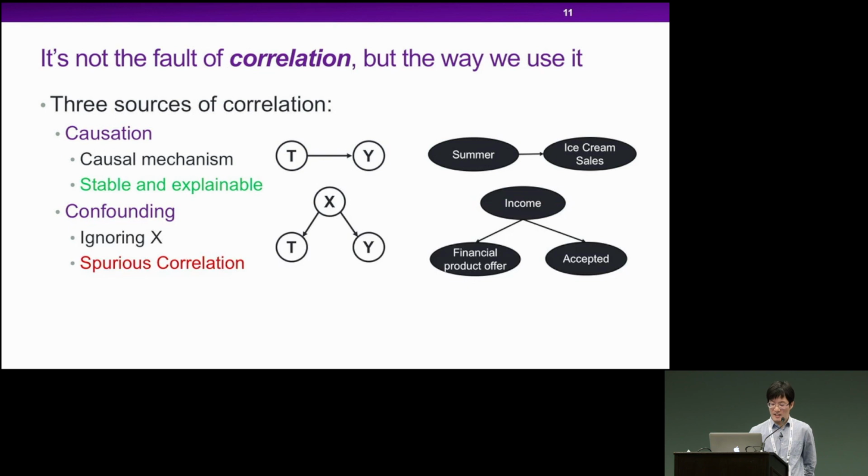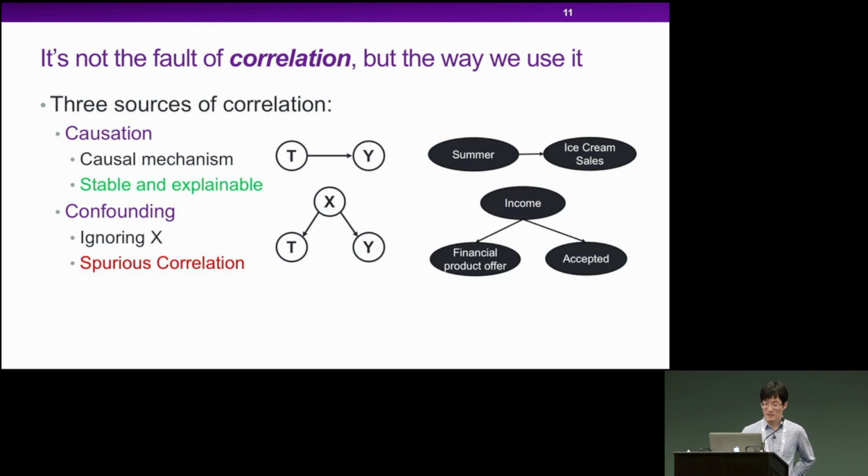And the second source of correlation is generated by confounding. The confounding here is that X causes T and X also causes Y. So you will see T and Y are correlated, right?